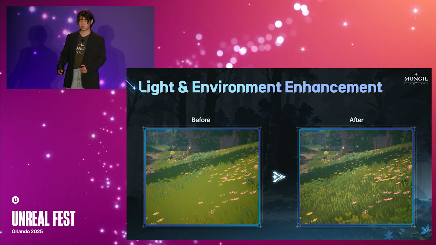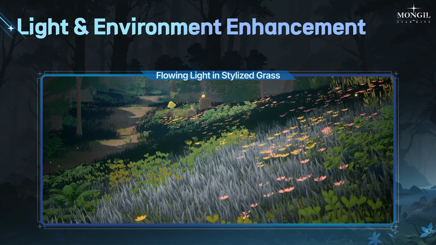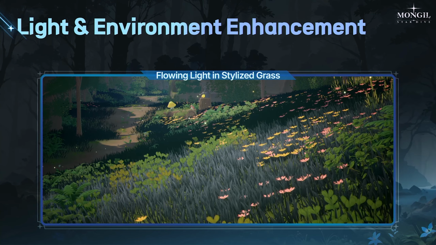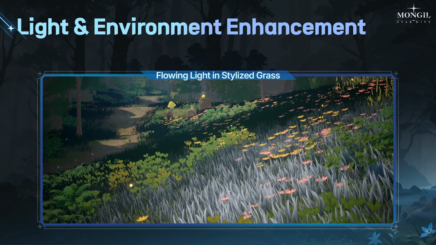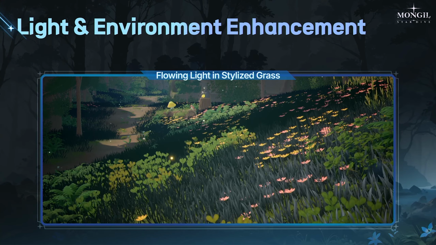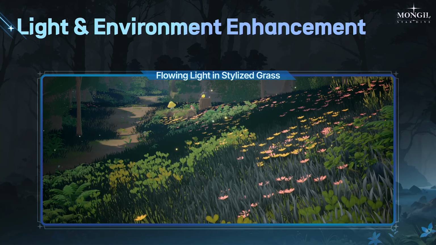This approach gives it a more natural and aesthetically rich expression that better fits the game's overall system. The flow of light through the grass depends on both the passage of time and the position of the directional light.